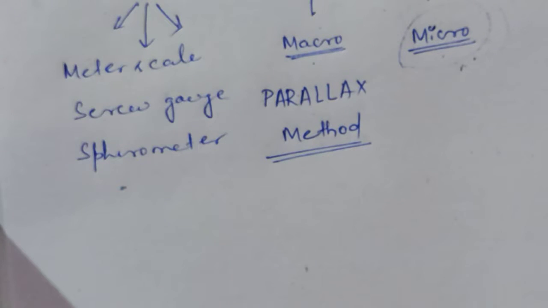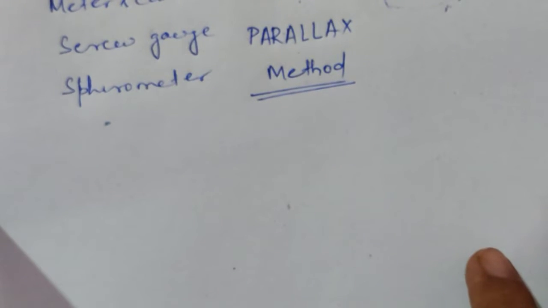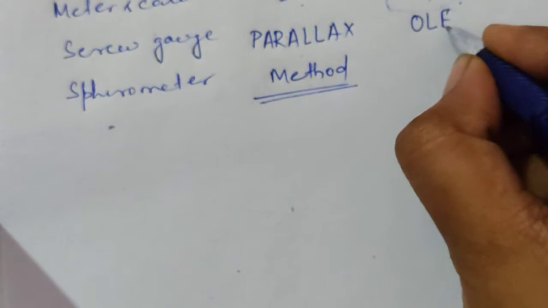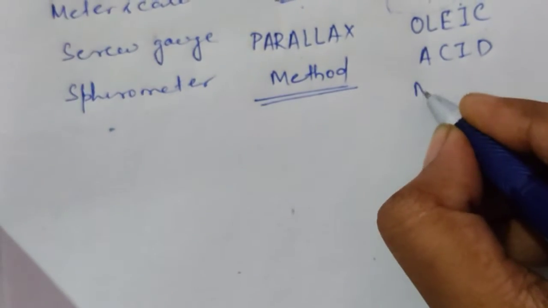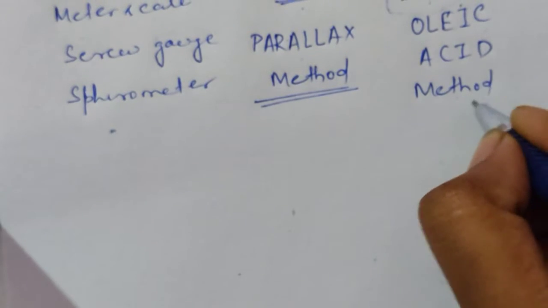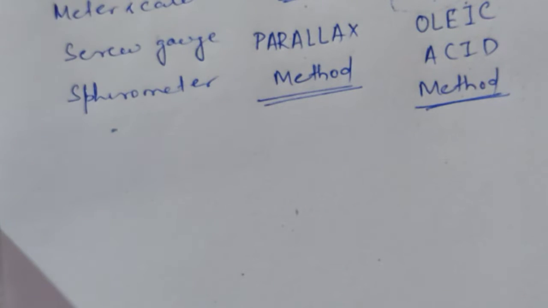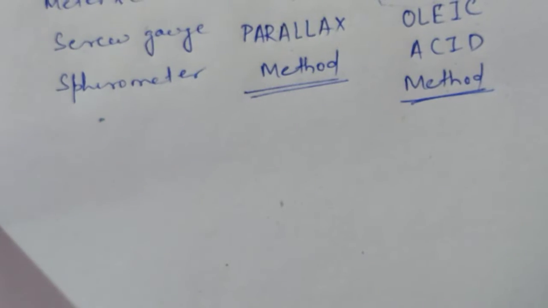In microscopic distance measurement, the most important method is known as the oleic acid method. As I said, there are several other methods also, but the two important methods we use are the parallax method and the oleic acid method.